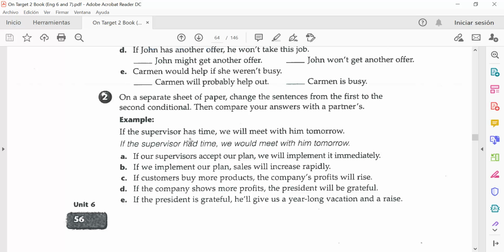And now we have had, which is in past, simple past. Then what happens in the second clause here? We would meet him, we would meet with him tomorrow. Well, check on the first one. Will, it is in the first conditional. Would, it is in the second conditional. And then we have the verb.